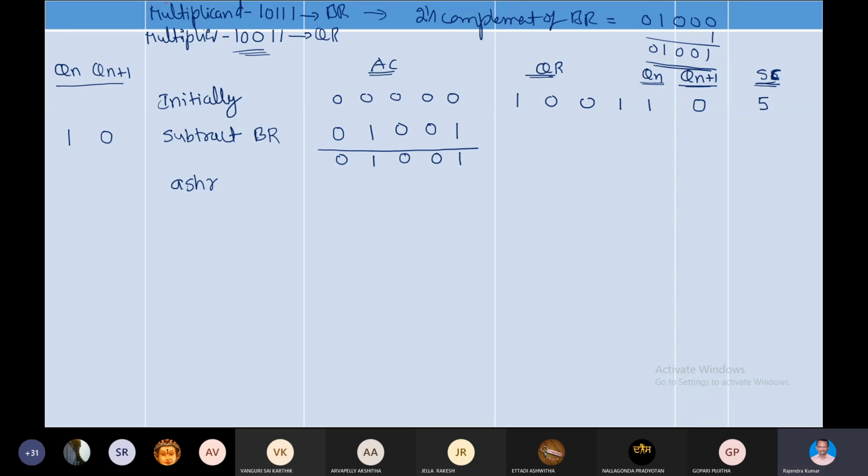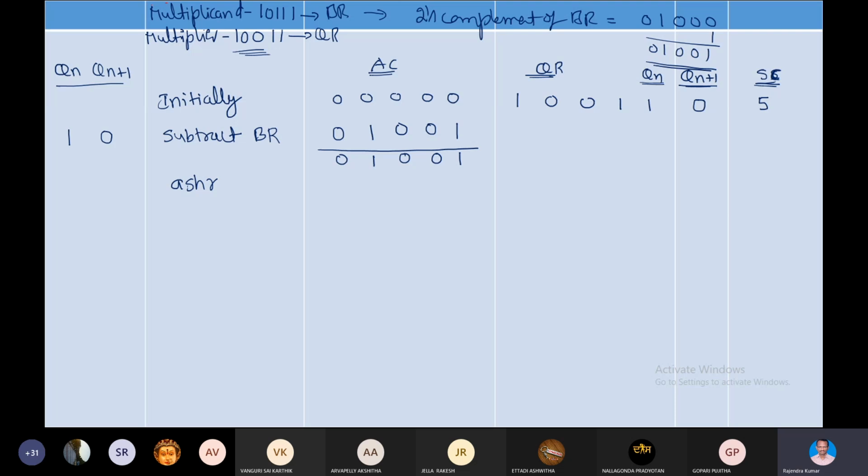In the normal shift right, you shift including the sign bit. But arithmetic shift right or left means you keep the sign bit as it is and only shift the magnitude.